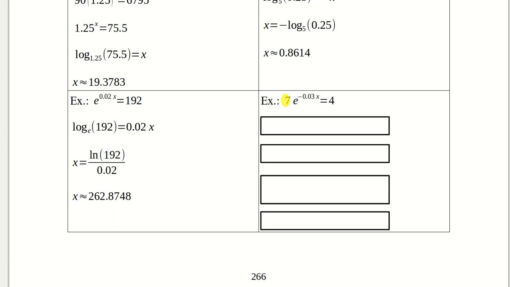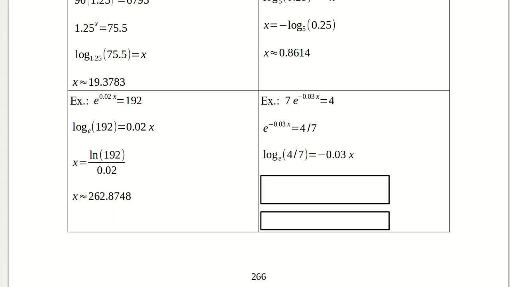The next example has a coefficient. There's a 7 there, so we've got to get rid of it. It's attached by multiplication, undone with division. We're going to divide both sides by 7. Now we can translate it. The base is e, the exponent is negative 0.03x. So knowing that, we've got a log base e of 4/7 equals that exponent negative 0.03x.